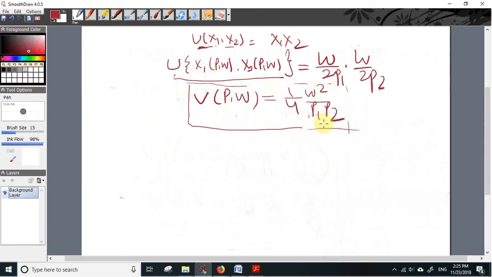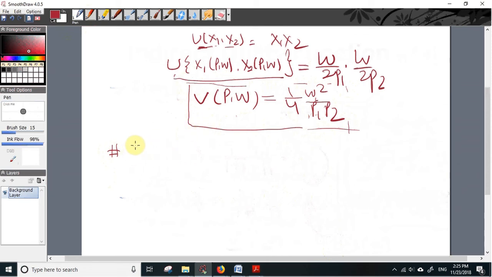So we see that the indirect utility function is a function of wealth or income and prices. So it is worthy to discuss some of the properties of the indirect utility function.